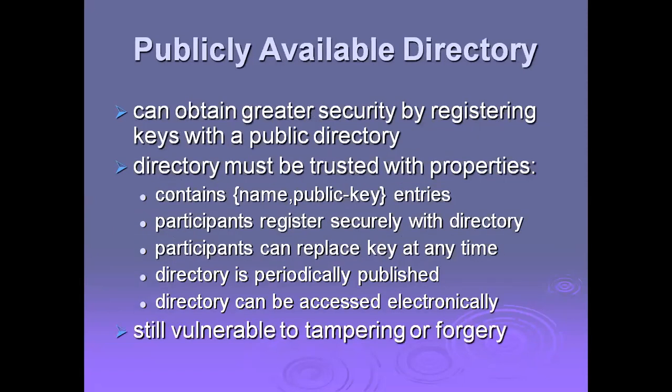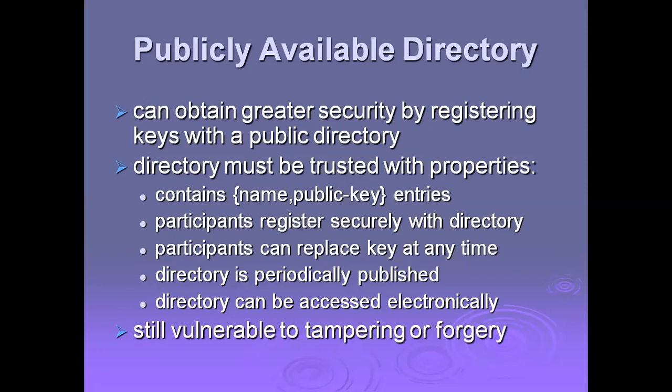Now, the publicly available directory. Here we can obtain greater security by registering keys with a public directory, and the directory must be trusted. It has the following properties: it contains name and public key entries, participants register securely with the directory, participants can replace a key at any time, the directory is periodically published, and the directory can be accessed electronically.